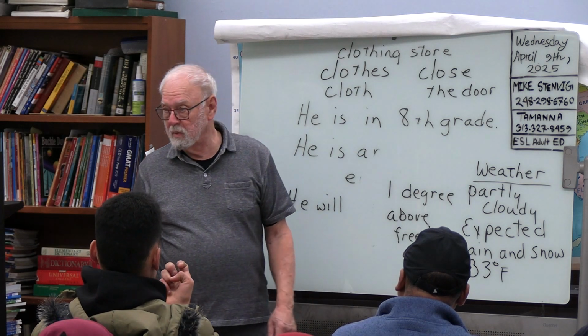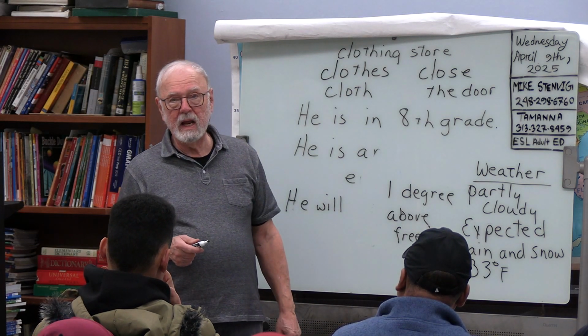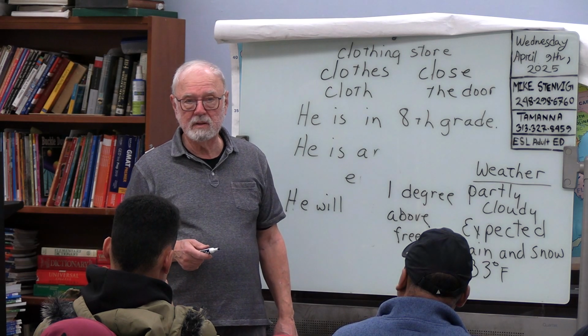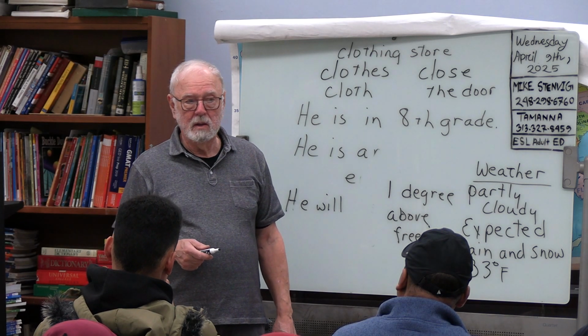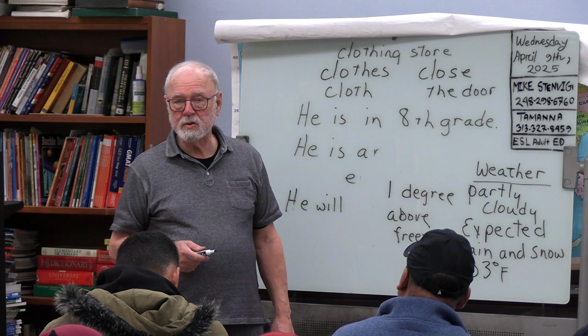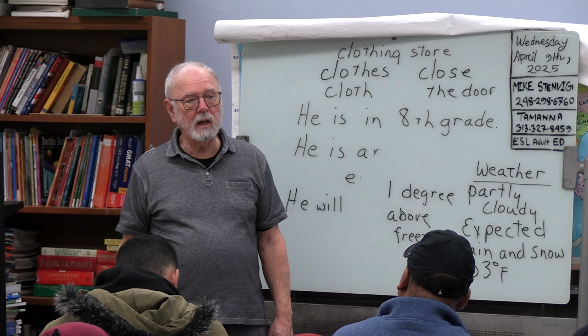Freezing is 32, so 1 degree above. Today won't be too bad until this evening, and then not so nice. By next week, the weather should begin to turn more into spring-like weather.